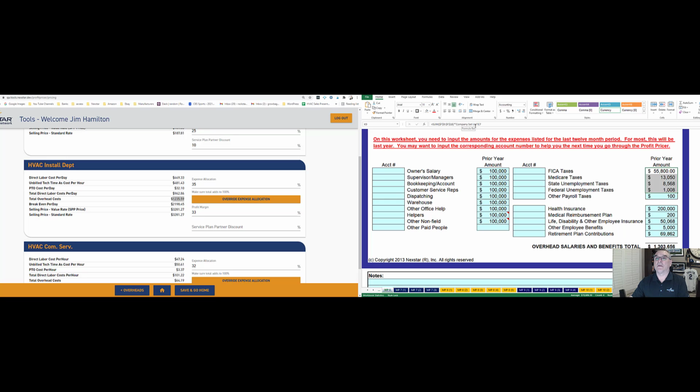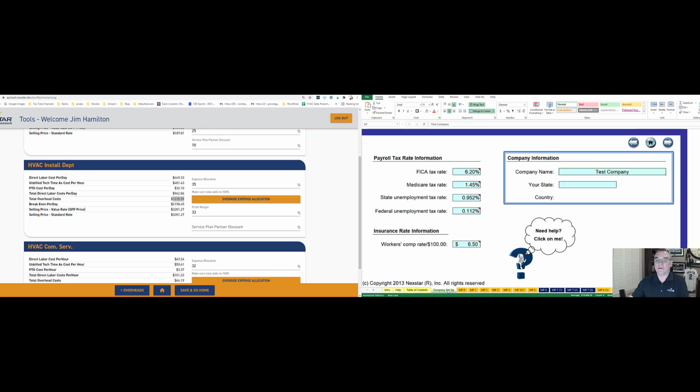Let's see, it's company setup 7E. That's where it's reading it from. Company setup 7E. I bet it's just capturing one of these. I don't know what it's doing, honestly.